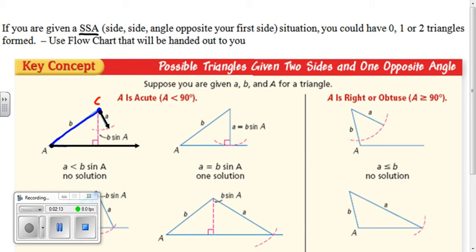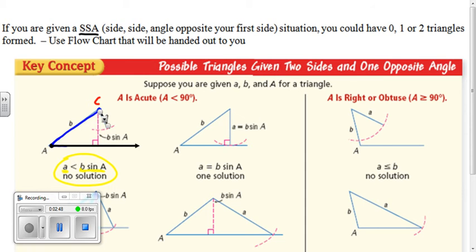We do know, however, that in this case, we would say that our A value is less than B times sine A. And again, we can just find that by plugging in B and the sine of A and seeing how it responds to our leg A, if A is greater than, equal to, or less than the value of B times sine A. If A is less than B sine A, there is no solution.